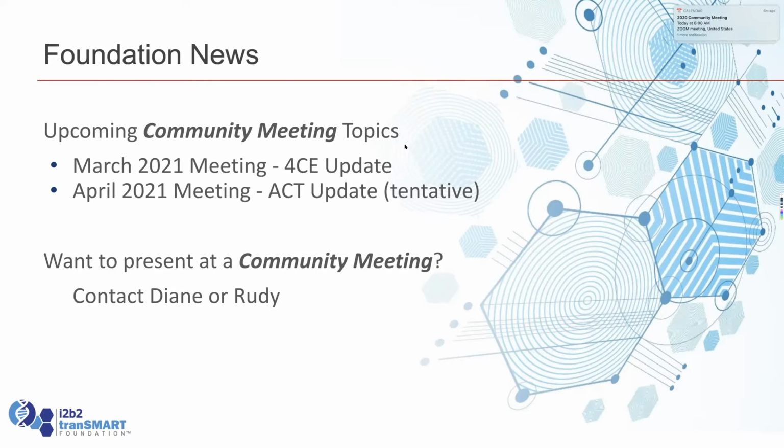We try to bring topics of interest every month. It's the third Tuesday of every month at 11 a.m. Eastern time, and we're always looking for topics. Please contact me or Diane. We'd love to schedule you in for a session if you have something you'd like to talk about.